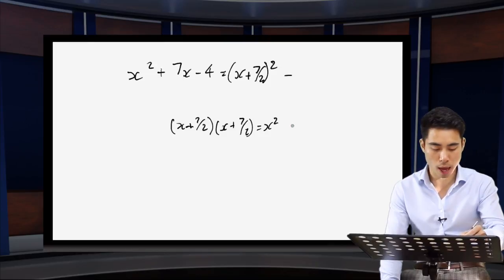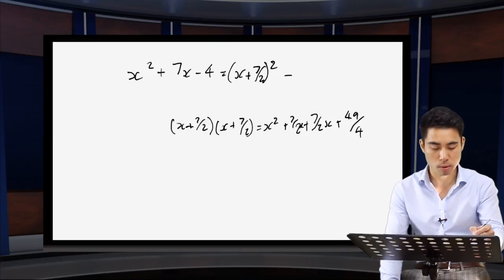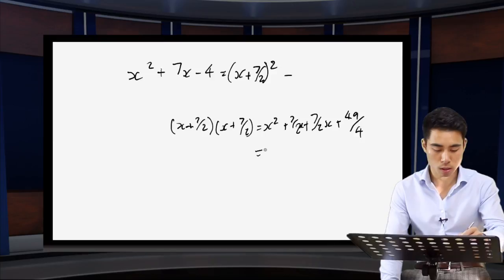Obviously this is going to give you x squared plus 7 over 2 x plus 7 over 2 x plus, now if I multiply this by this, it's going to give me 49 over 4. 7 over 2 times 7 over 2 is 49 over 4. So that's the same as x squared plus 7x plus 49 over 4.